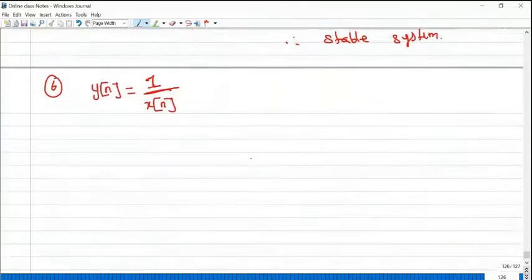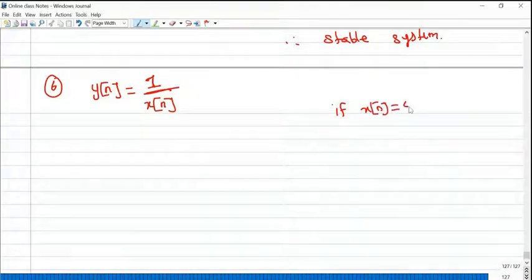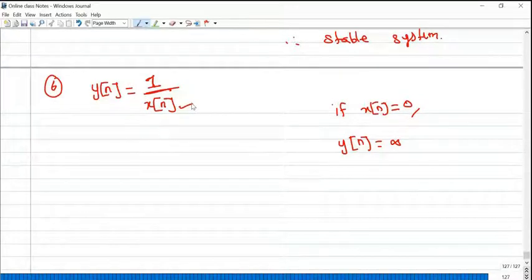So in this example, y of n equal to 1 by x of n. If x of n is 0, what is the value for y of n? Infinite. So x of n is a bounded signal. This may be a simple DC value or a sine function or a cos function or a unit step function.